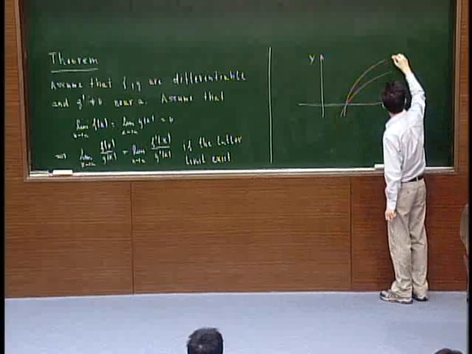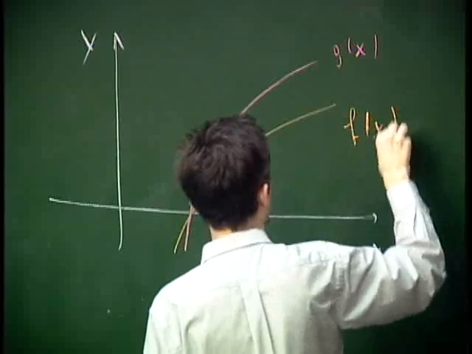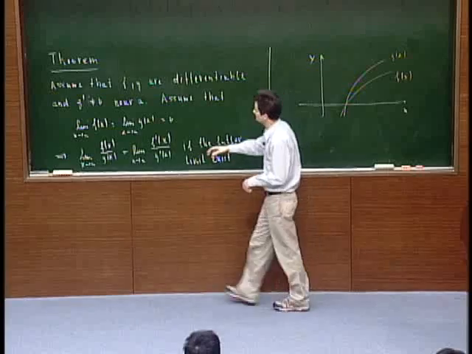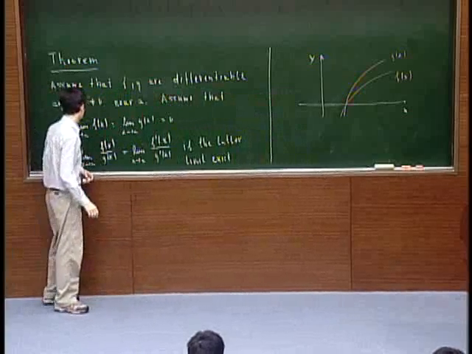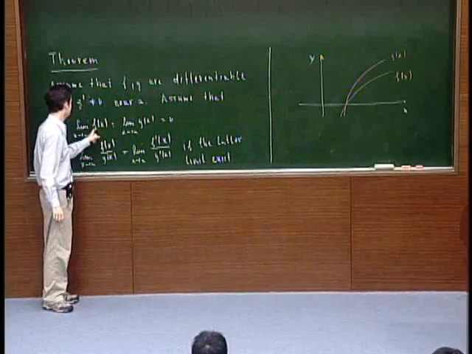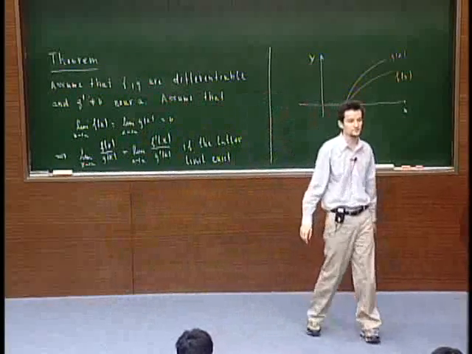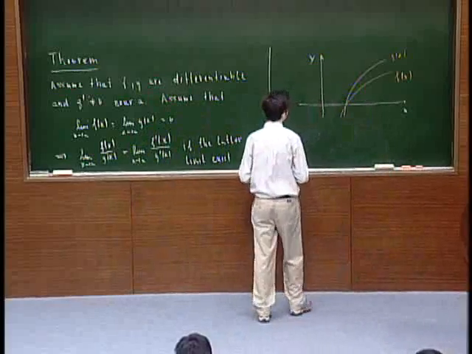So this is the function g of x. This is the function f of x. Okay, you see that we are in this case where the limits, so you can think about this condition as f of a and g of a is equal to 0, but it's not necessary that f and g are defined at a or continuous at a.